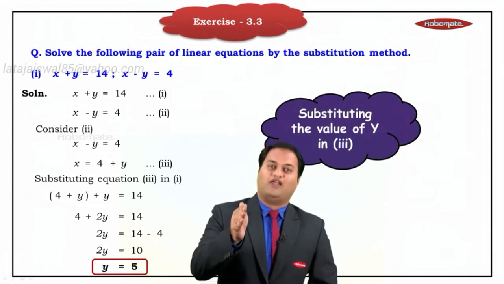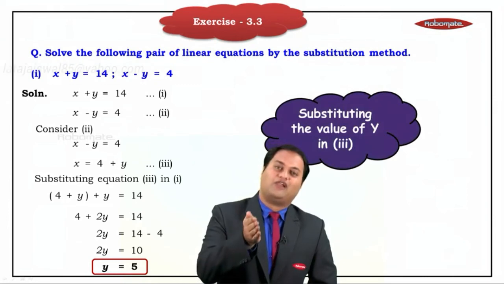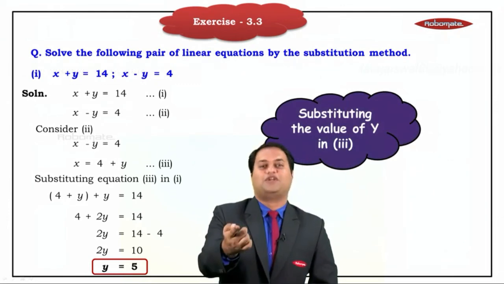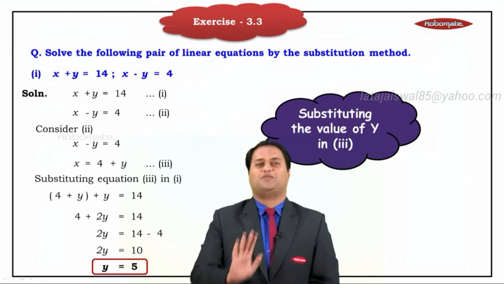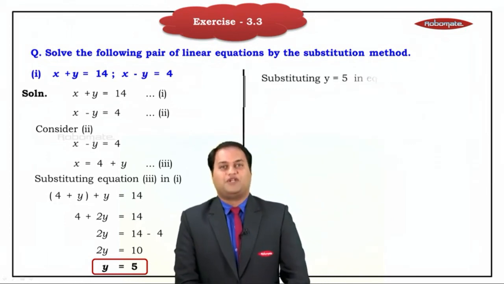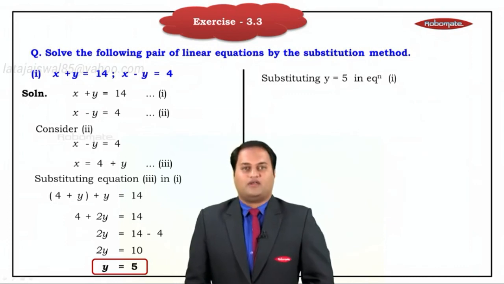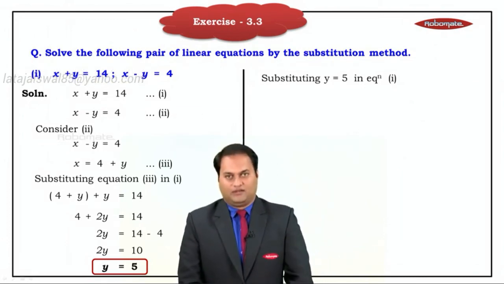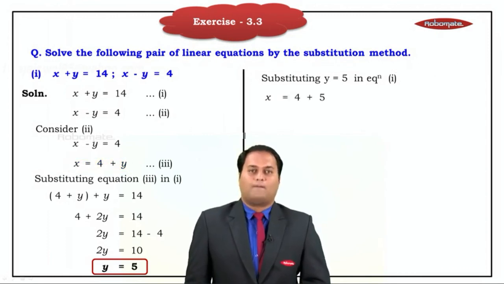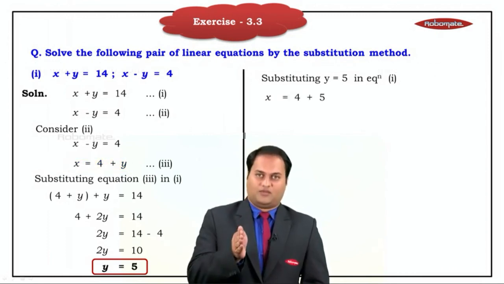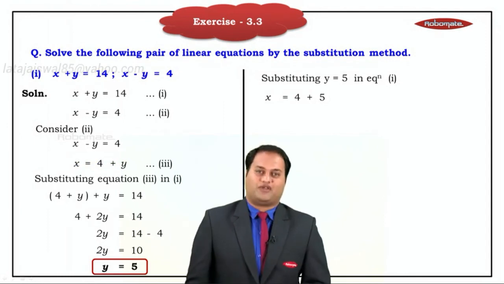So once you get the value of one variable, to find the value of the other variable, substitute this variable's value in equation number 3. Always, it is better. So substituting y is equal to 5 in equation number 3, we get x is equal to 4 plus 5. In the place of y, we have substituted 5.